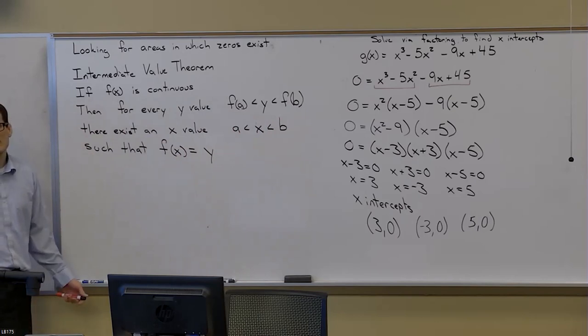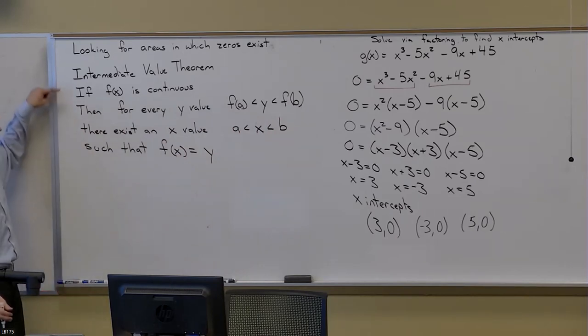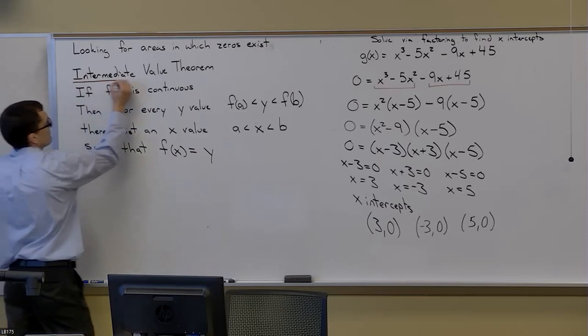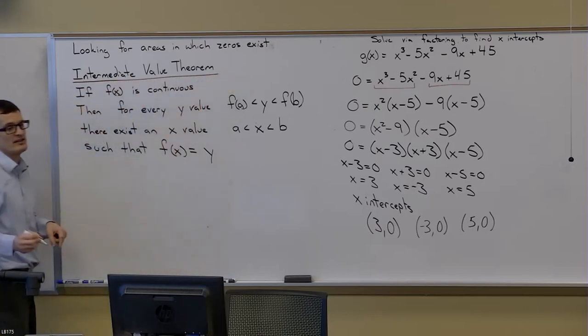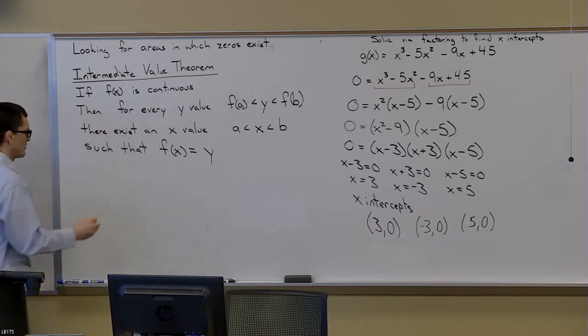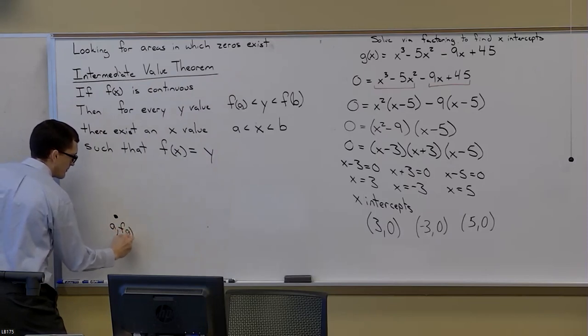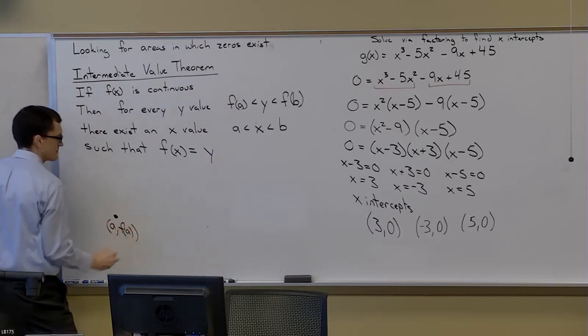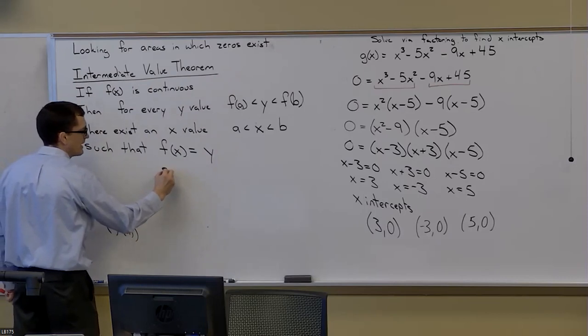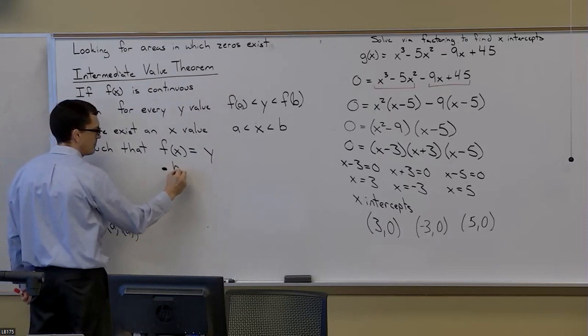Now that's kind of a harder linguistics experiment than it actually is a math principle. Here's the math principle. You have a point down here. You have a point up here.